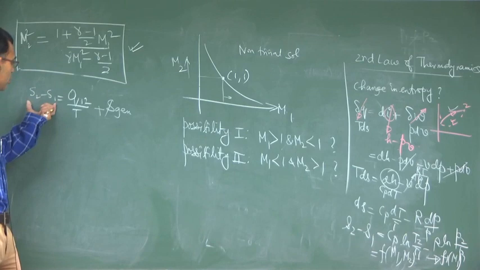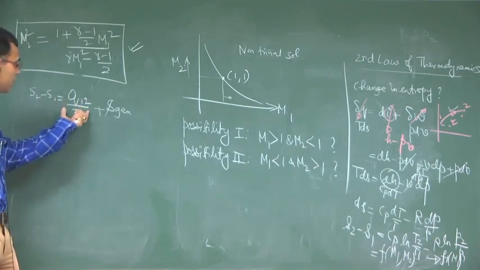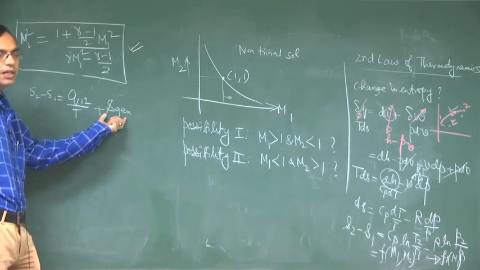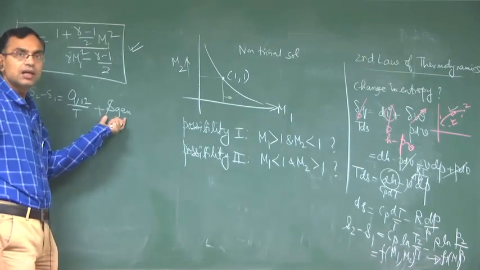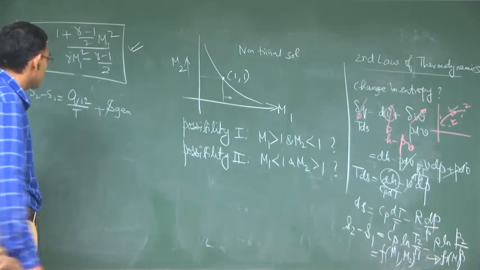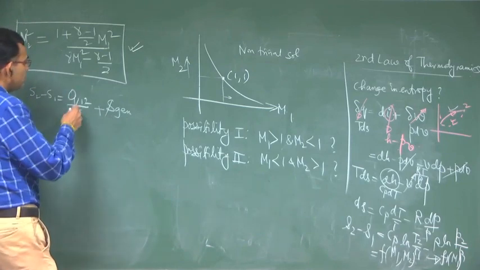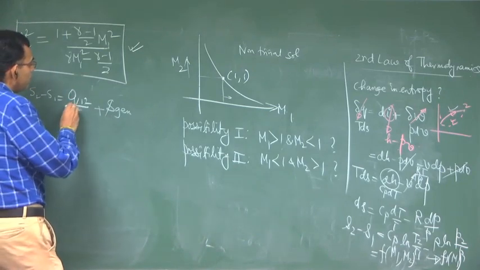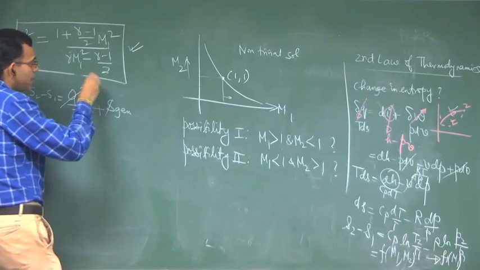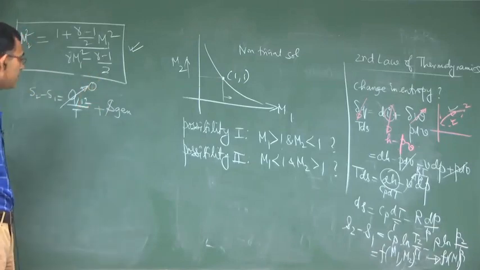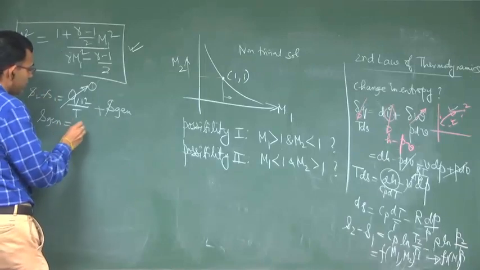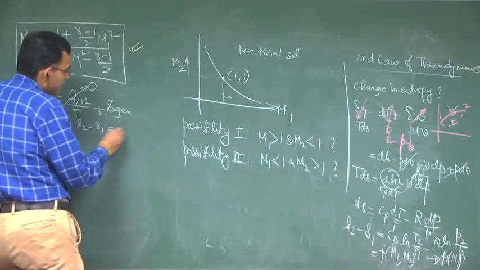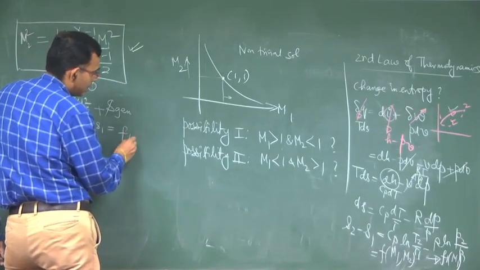So, the change in entropy is associated with heat transfer plus an entropy generated due to irreversibilities. If it is a reversible process, then this is equal to 0. So, now for a shock to take place adiabatically, the heat transfer term must be equal to 0. So, entropy generation is nothing but S2 minus S1, which is a function of M1.